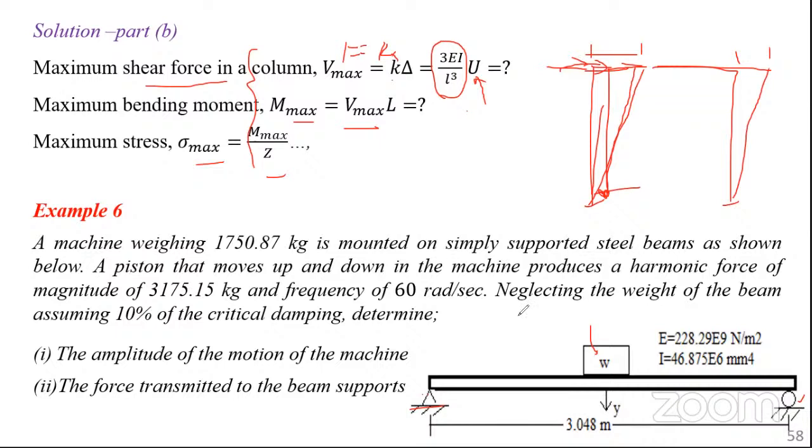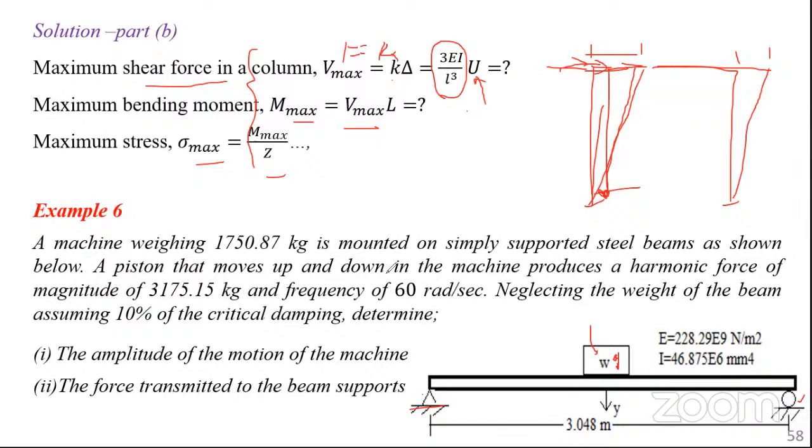A piston moves up and down in the machine. So there's a component, a piston, that's moving up and down. Remember, if there is no motion in this machine, it's just a dead load, so there's no dynamic force. That's why we are bringing in the concept that something is happening inside that machine, some rotary motion that brings about some dynamic load on the structure.